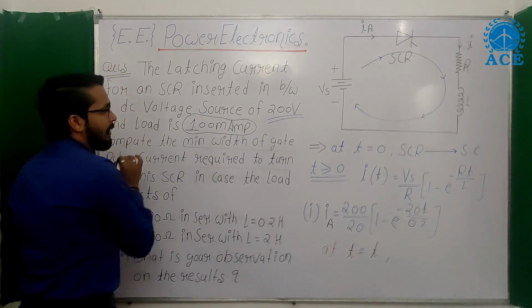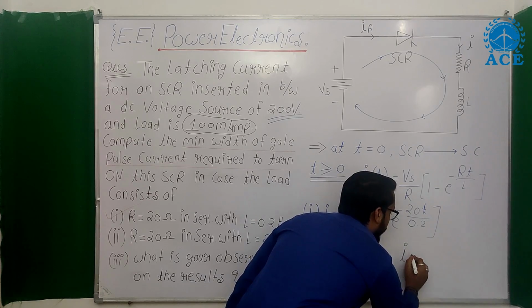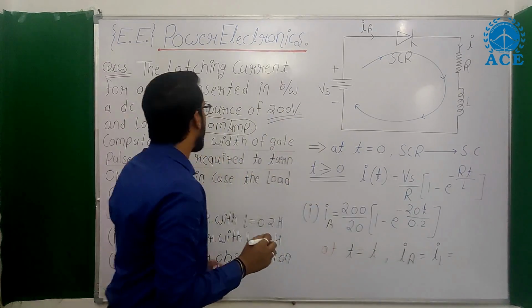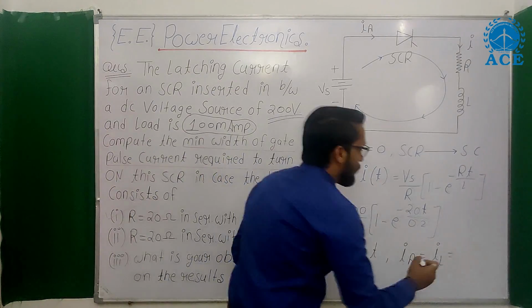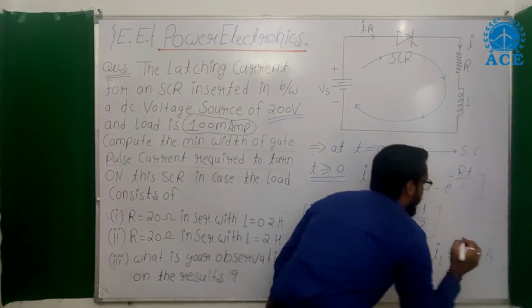So I am writing here: the anode current becomes equal to the latching current of 100 milliampere, which means 0.1 ampere.